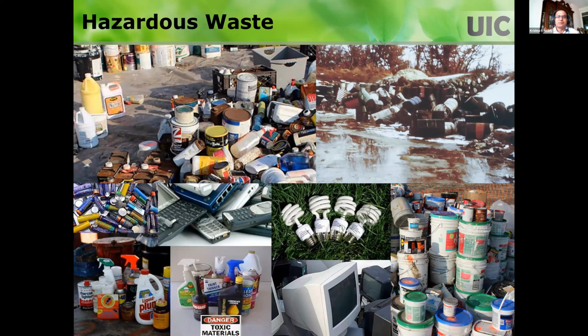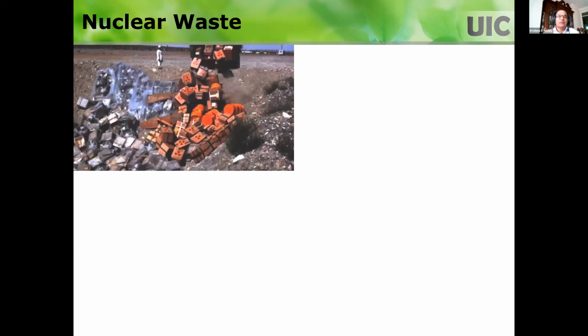Another type of waste is nuclear waste. Everybody jumps up and down about nuclear being a very clean energy, because it does not have any carbon emissions. But one of the biggest problems with nuclear energy is the nuclear waste that you generate. So what do you do with that, right?